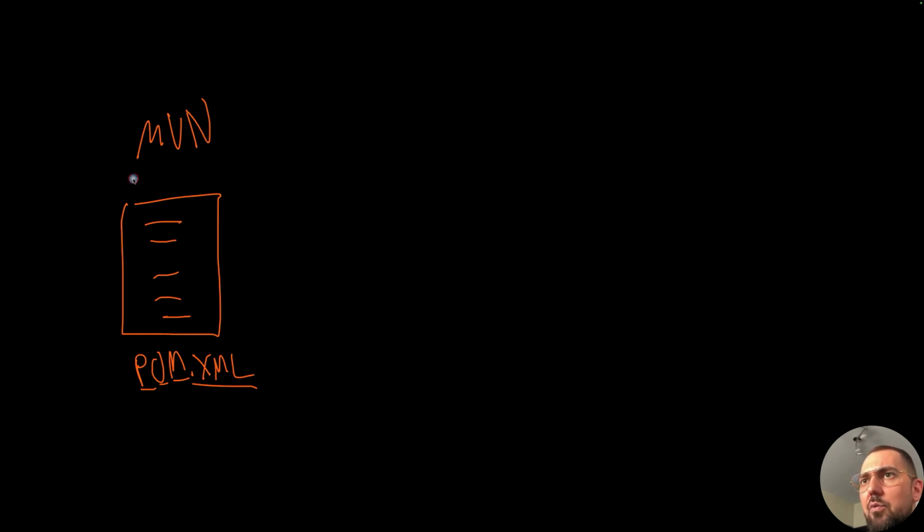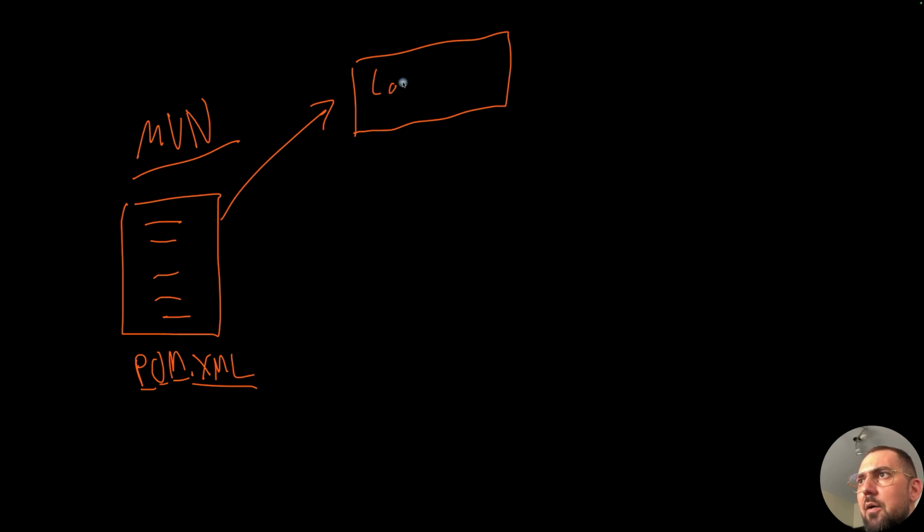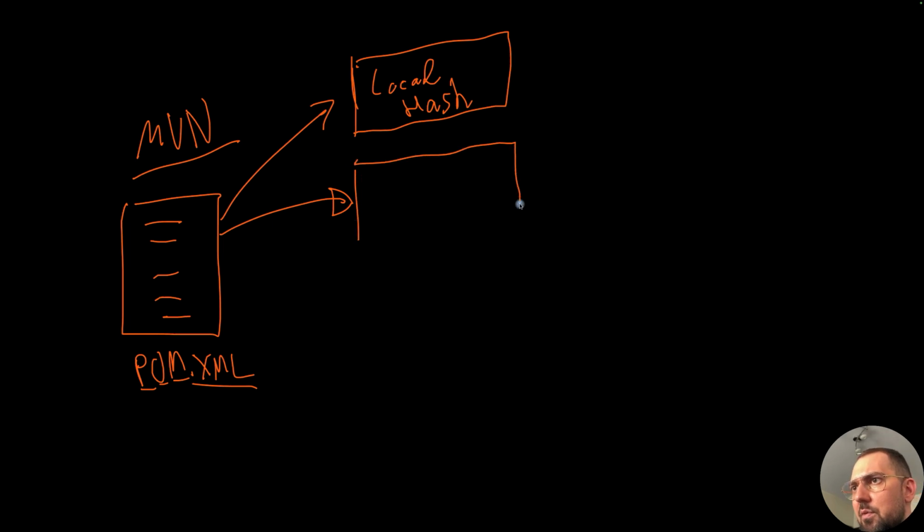And when we build a project, what will Maven do? First, it will search in the local cache on our local machine for the dependencies. If they are not present here, or some subset of the whole set is not present, it will come to the second step, where it will search in a repository.